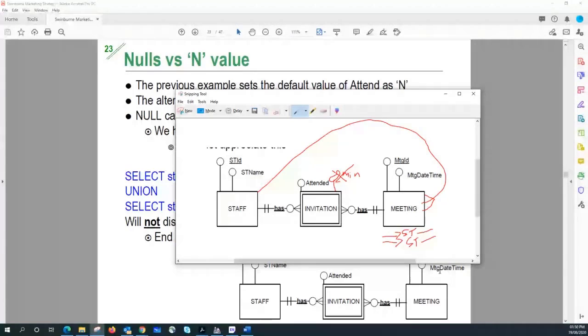We can simply do that rather than creating another column here. If you create the column, it's sometimes a bit complicated. Without going through that path, we can simply add the foreign key to this entity to have that minute taker information there. So that is how we solve that problem.